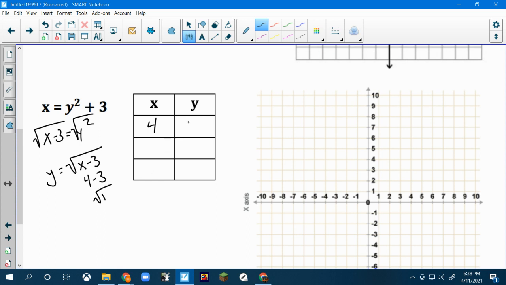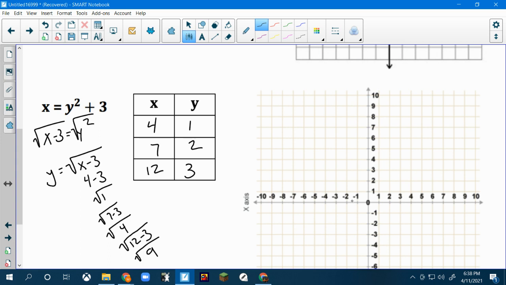The square root of 1 is 1. If I put 7 in there, 7 minus 3 is 4. The square root of 4 is 2. Let's put 12 in there. 12 minus 3 is 9. Square root of 9 is 3.